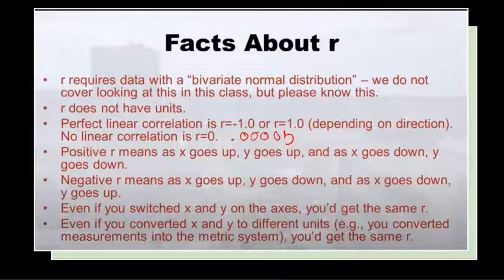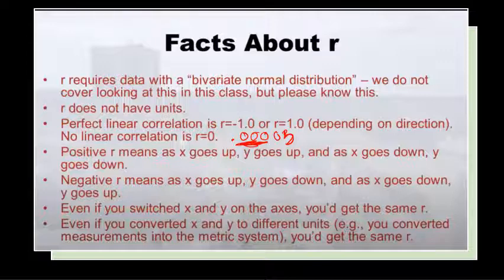If you had that, you really should not think that it is a weak positive correlation. I would say that is definitely no linear correlation. Even though it's not exactly 0, it's very close to 0. If you have a couple zeros before any actual numbers in your R, let's call that no correlation.